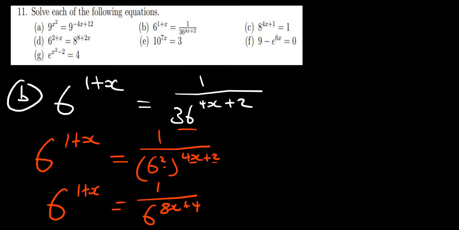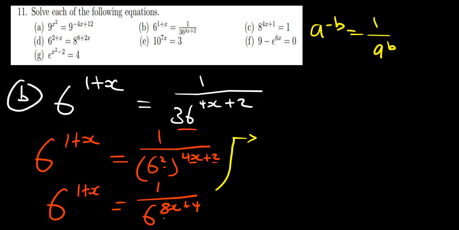Okay, and then from there, we're going to use this rule: if I have a raised to minus b, this is the same as 1 divided by a to the power positive b. So this is the case that we have here.